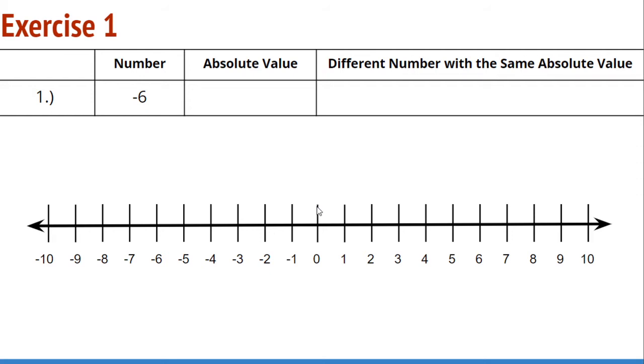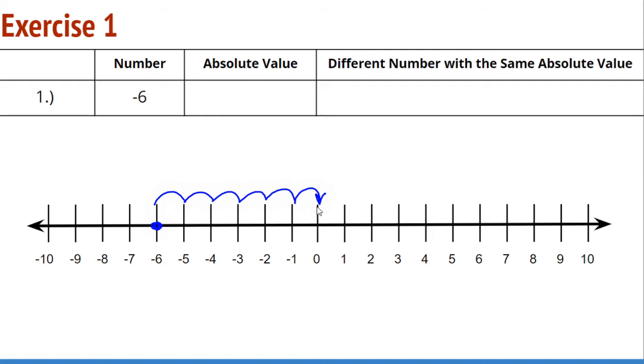Looking at exercise 1, we have the number -6. We need to find the absolute value, and we need to find a different number that has the same absolute value. And we will put this on the number line. I have -6, which is 1, 2, 3, 4, 5, 6 units from 0.